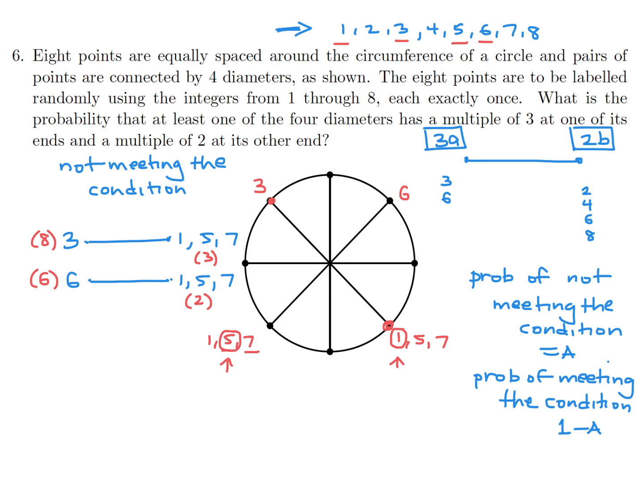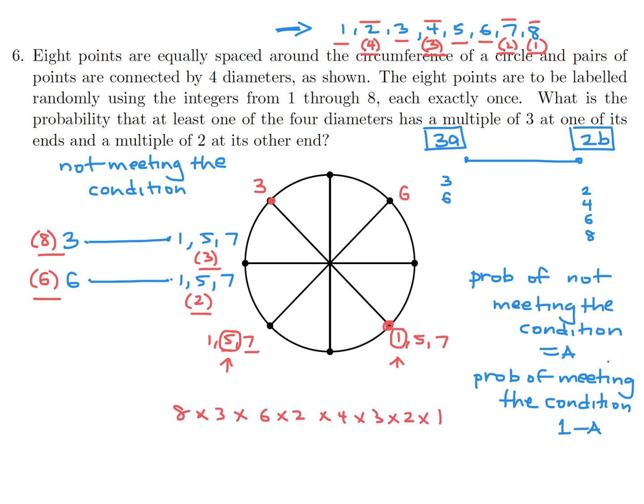For this 2 here, I have 4 possible places to put it. And then for the 4, I've got 3 remaining places. For the 7, I have 2 remaining places, and for the 8, I have 1 remaining place. So if you multiply all the brackets, it would be 8 times 3 times 6 times 2 times 4 times 3 times 2 times 1.